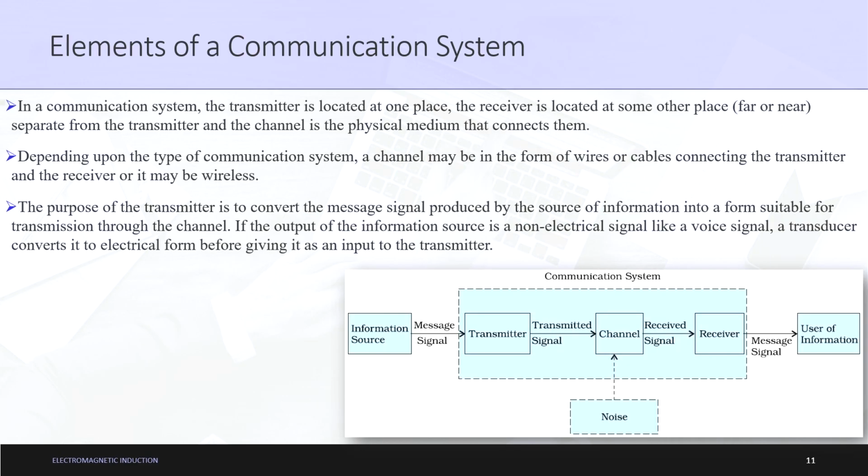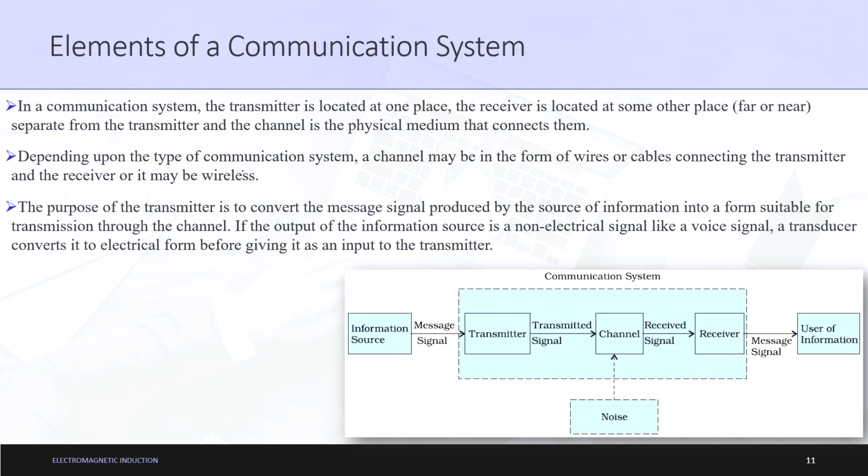In a communication system, the transmitter is located at one place, and the receiver is located at some other place, far or near, separate from the transmitter, and the channel is the physical medium that connects them. Everything is quite evident. Transmitter is there, receiver is there, and channel is something which connects them.